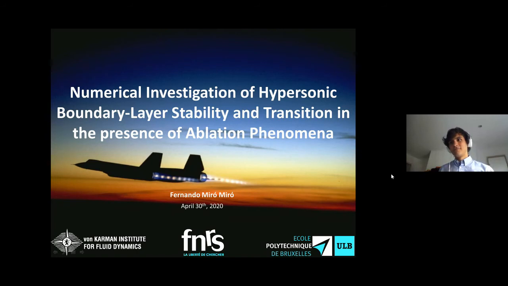Eventually you showed quite clearly that cooling down the wall is destabilizing. And not even the wall, but the boundary layer, wherever it is. Cooling the boundary layer is destabilizing.